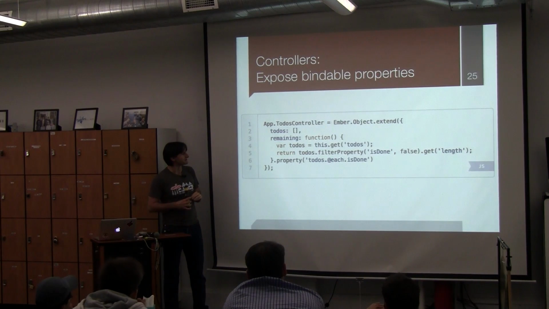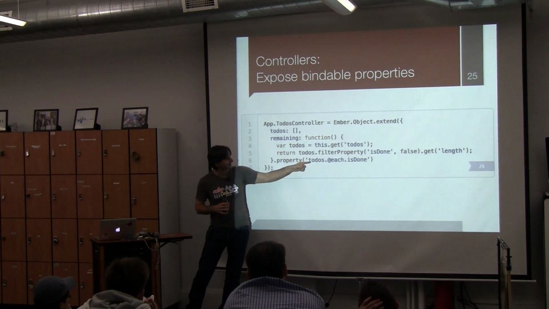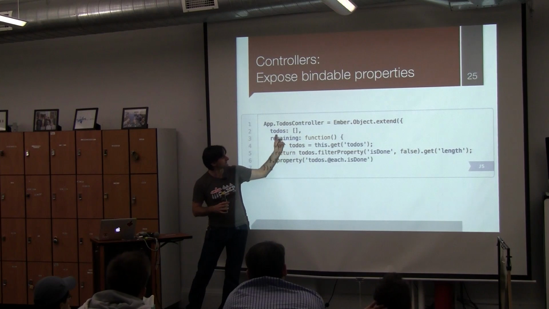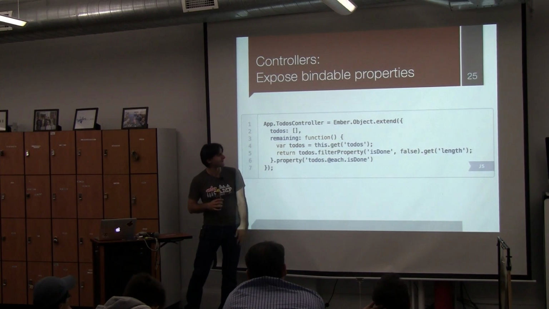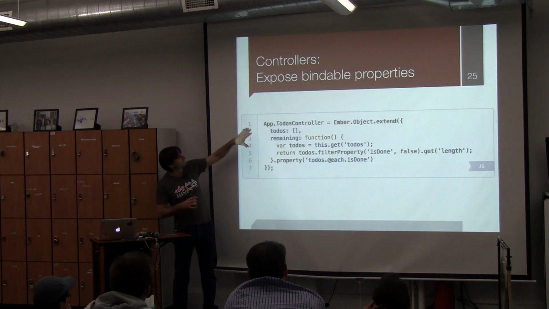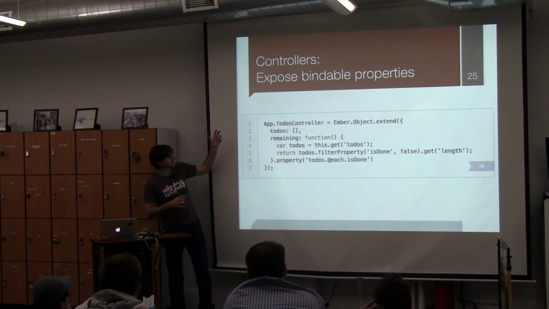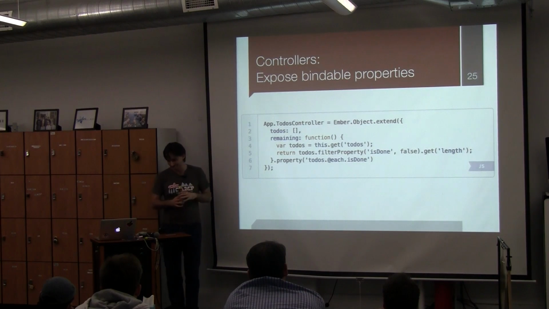Remaining is going to be a number that's computed by looking at the isDone property of each member of this to-do array. It's going to filter for the ones that are not done and then count them up. From the view's perspective, or the template's perspective, there are just two properties, to-dos and remaining.